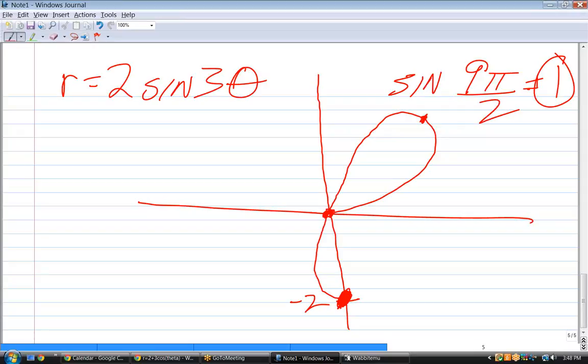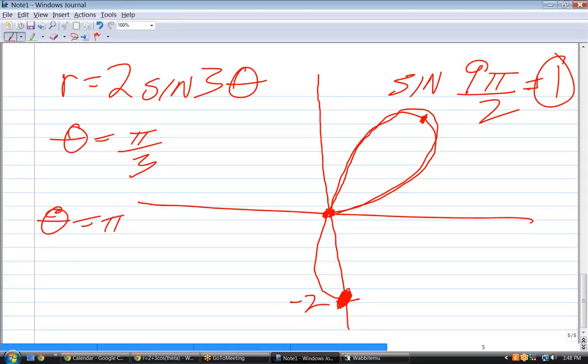pi over 3. In other words, when theta equals pi over 3, 3 theta equals pi, and the sine of pi is 0. So tracing out one of these petals happens when theta goes from 0 to pi over 3. By the time I get to pi over 2, I'm here.